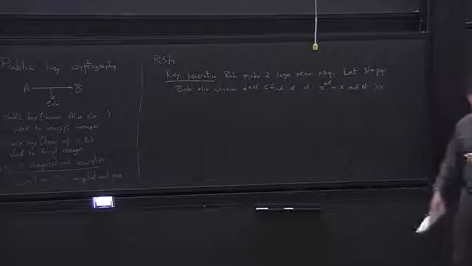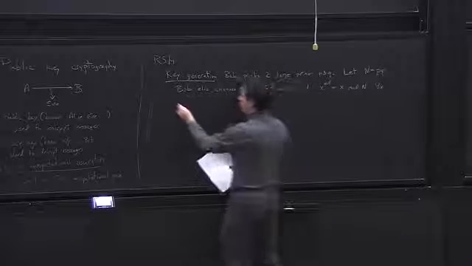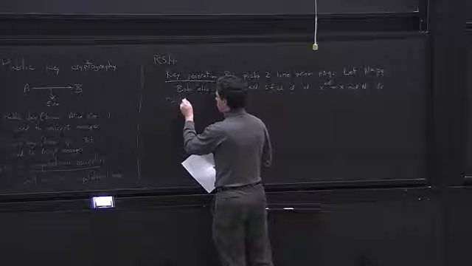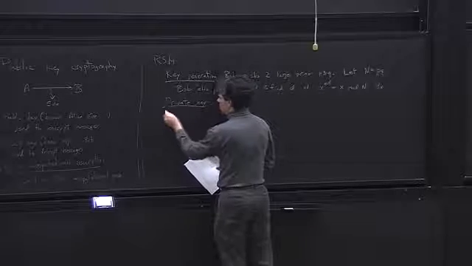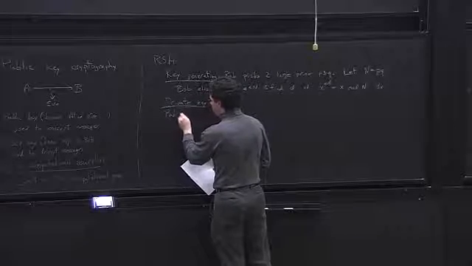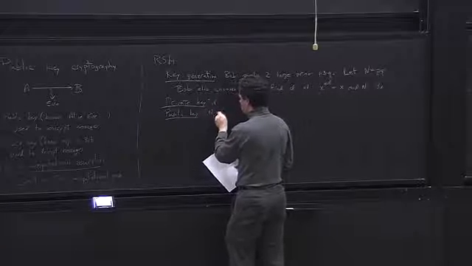Okay? And again, I'll tell you in a little bit how to do this. So then the private key is d, and the public key is the pair n and e.